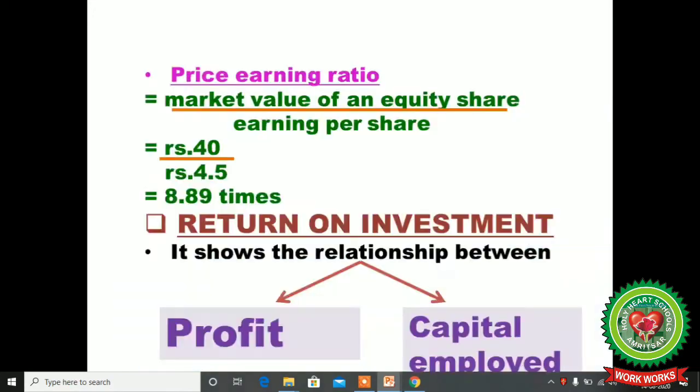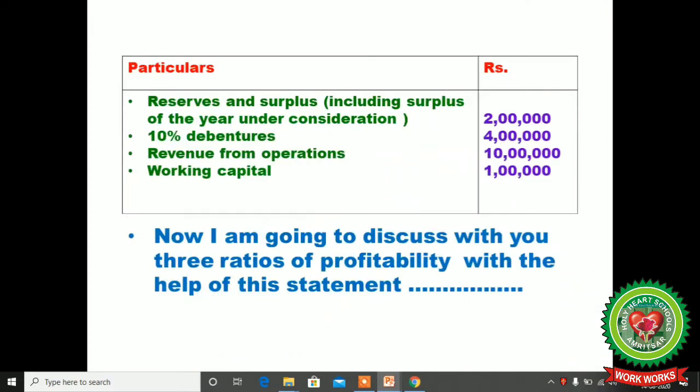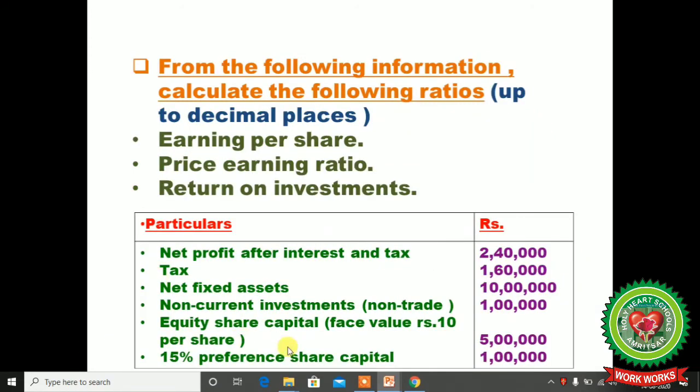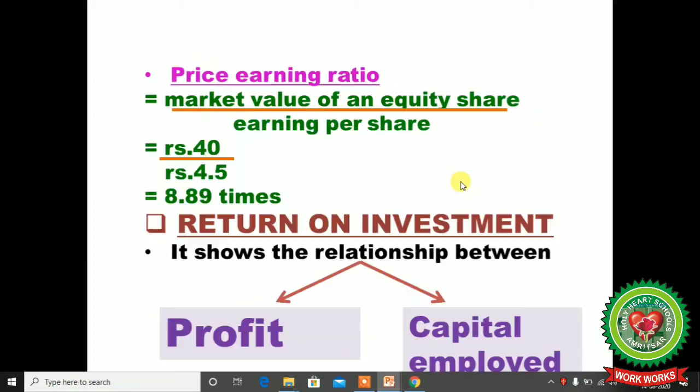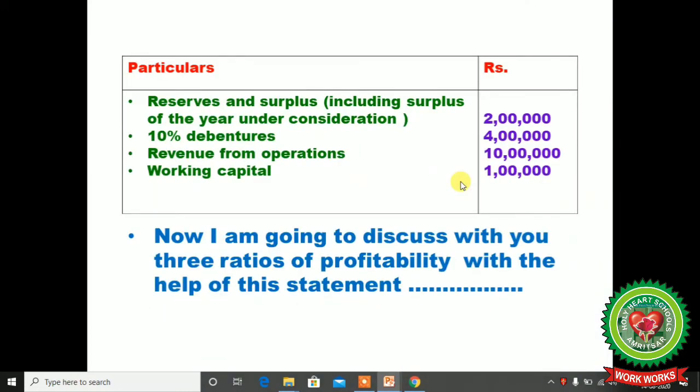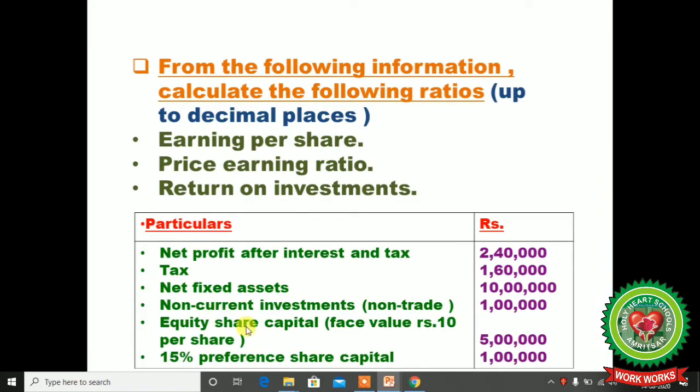Deduct the preference dividend. So check out the preference dividend. 15% preference dividend, find out quickly. Here 15% dividend on 1 lakh means 15,000, minus 15,000, divided by number of equity shares. Check out the equity shares available in the statement.